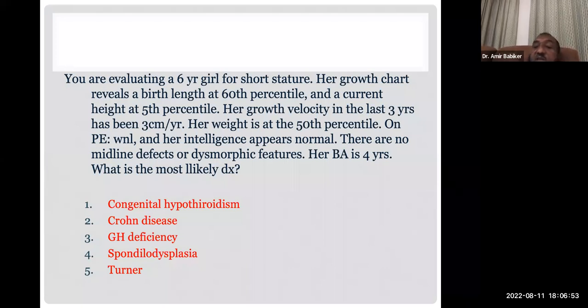Her weight at the 50th، دي كيف دي؟ Short and obese ولا short and slim ولا normal consistently small؟ Consistently small ده للاس جي اي. Short and obese endocrinopathy. Short and slim ده مع chronic illness. تذكروها؟ طيب there are no midline defects or dysmorphism.